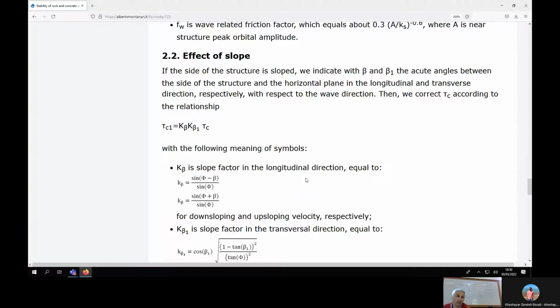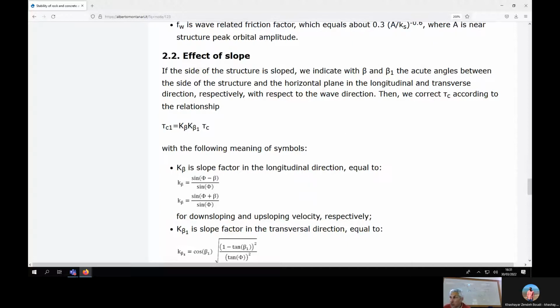And therefore, depending on the direction of waves, you get a slope that is in the same direction of waves, longitudinal direction, and a slope that is in the perpendicular direction, the transversal direction. So you have two slopes. One of them may be 0, and the other one may be something like 45 degrees, which would be 1 to 1, and it is often less than 45 degrees, as you know.